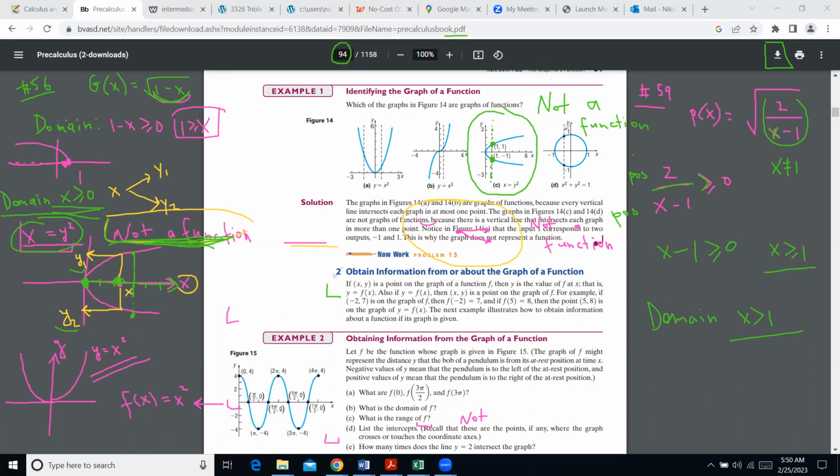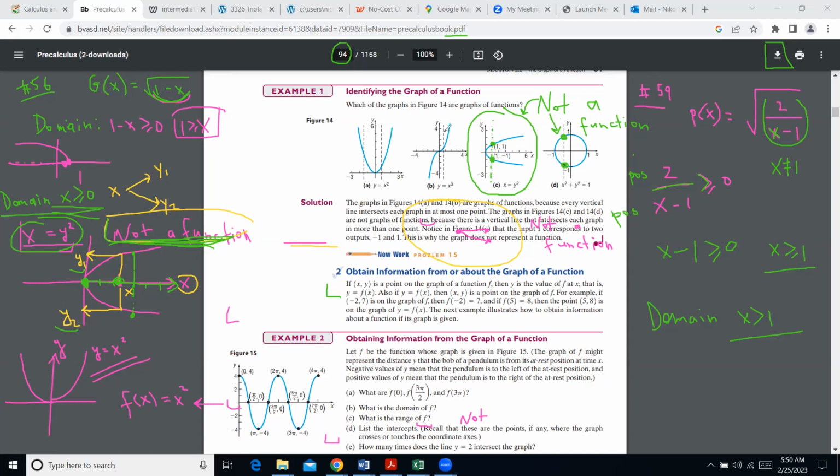So analogously with a circle, you can see they're able to find a vertical line that intersects it at 2 points. So it's not a function either. So it looks like these two graphs are not for functions. They're just relations between x and y.